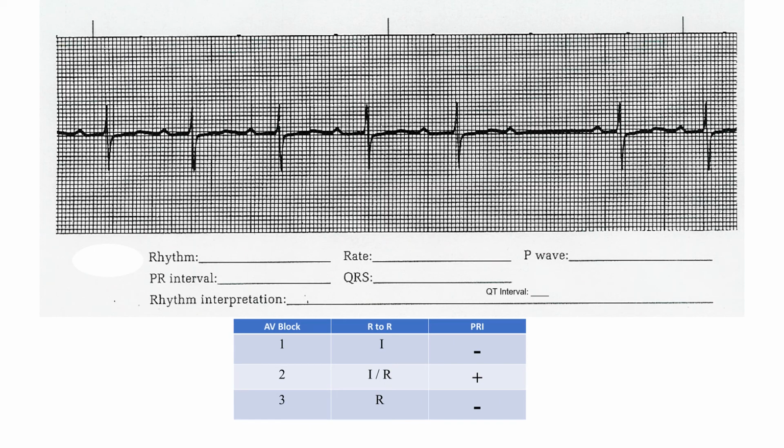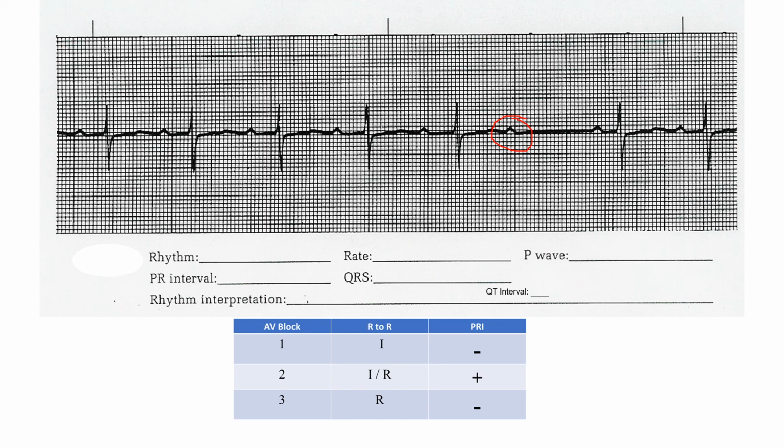All right, so 824. So in looking at this R to R, this rhythm looks like it's regular and then it becomes irregular here. So we're going to call it irregular. Your atrial rate is faster because it has an extra P in here.